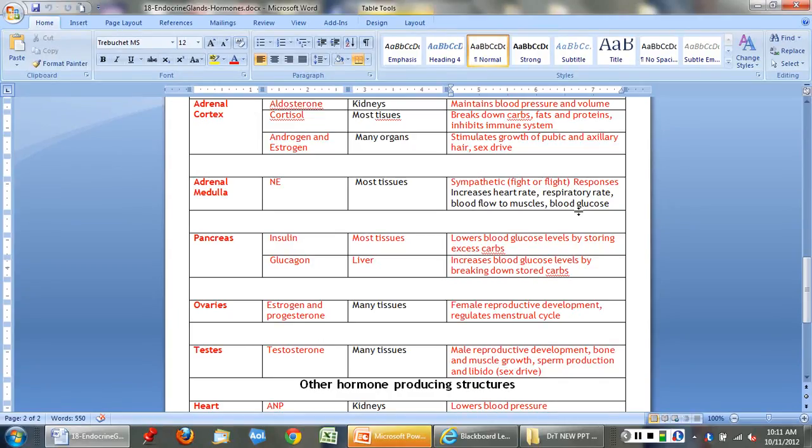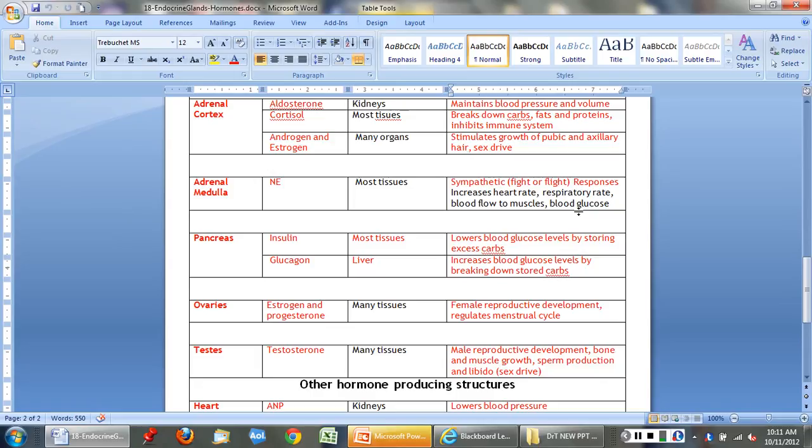That's one of those questions I might ask you if I see you in the hall. What is the storage form of glucose? So when the blood has too much glucose, what is it stored as? Glycogen. A polysaccharide made from many monomers of glucose.